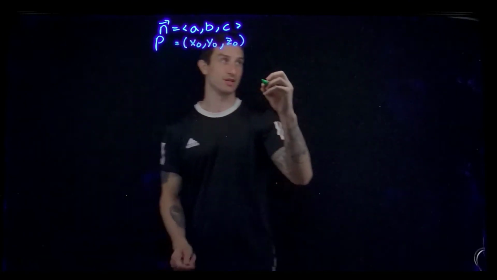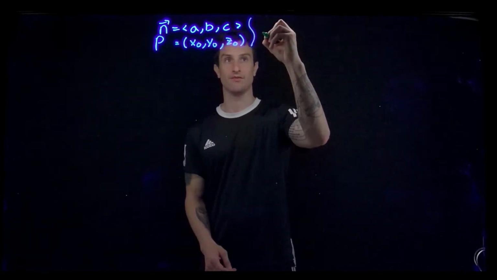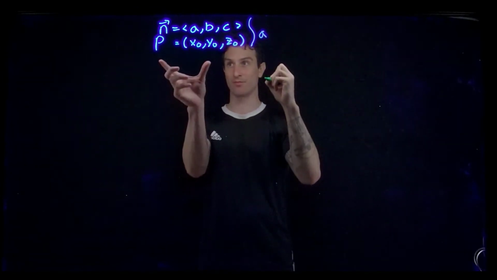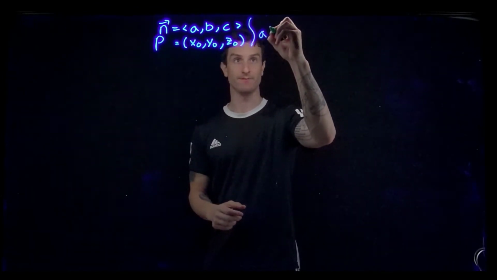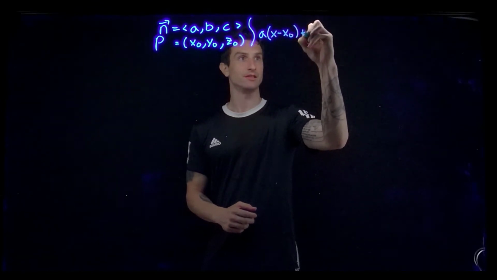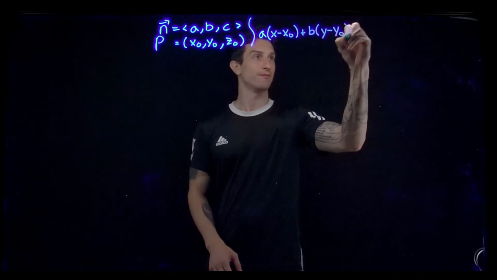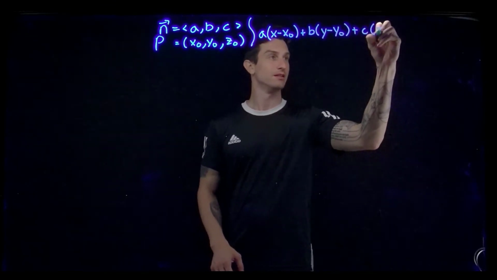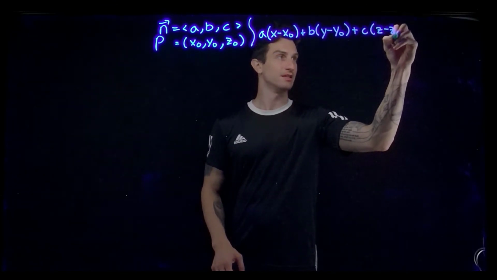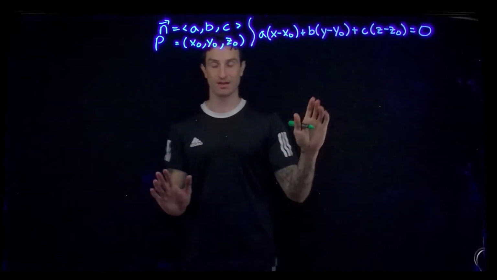Our equation is as follows. We'll write it across the top here. We have a times x minus x naught, this is coming from the dot product with the vector that we constructed, plus b times y minus y naught plus c times z minus z naught is equal to 0. Okay, so now we have that all written out.